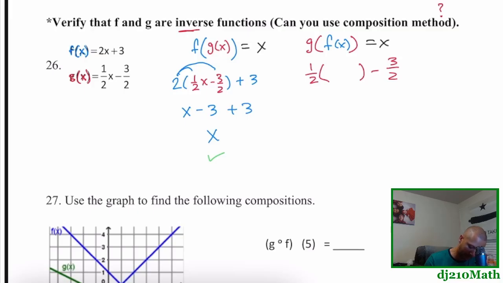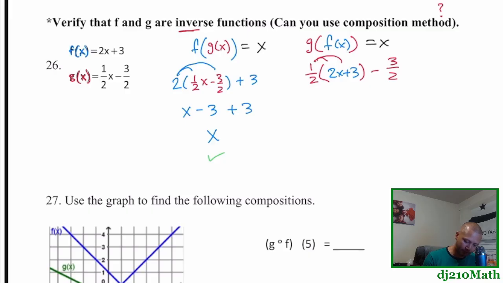We're putting it into g of x. What is f of x? Hopefully you said 2x plus 3. So now distributing, because we've substituted, we just simplify and see what happens.